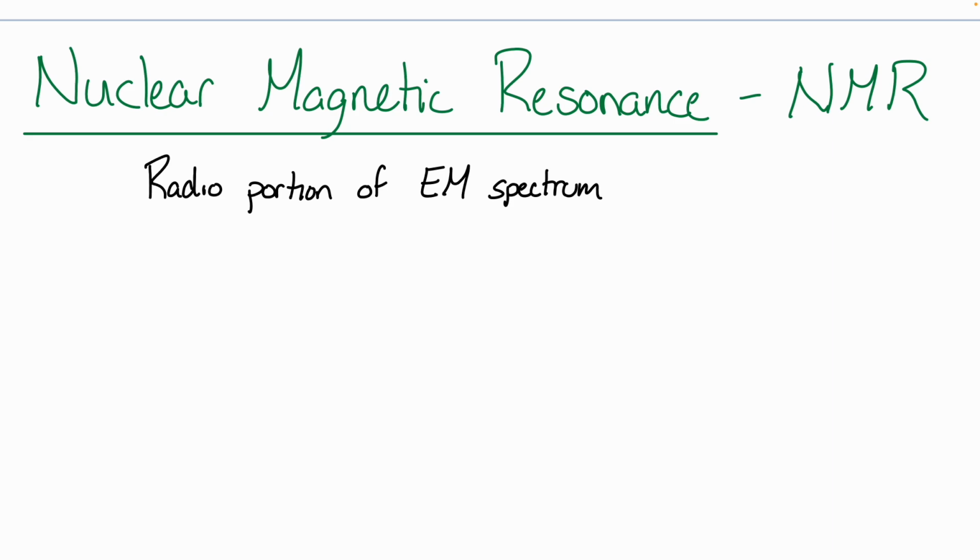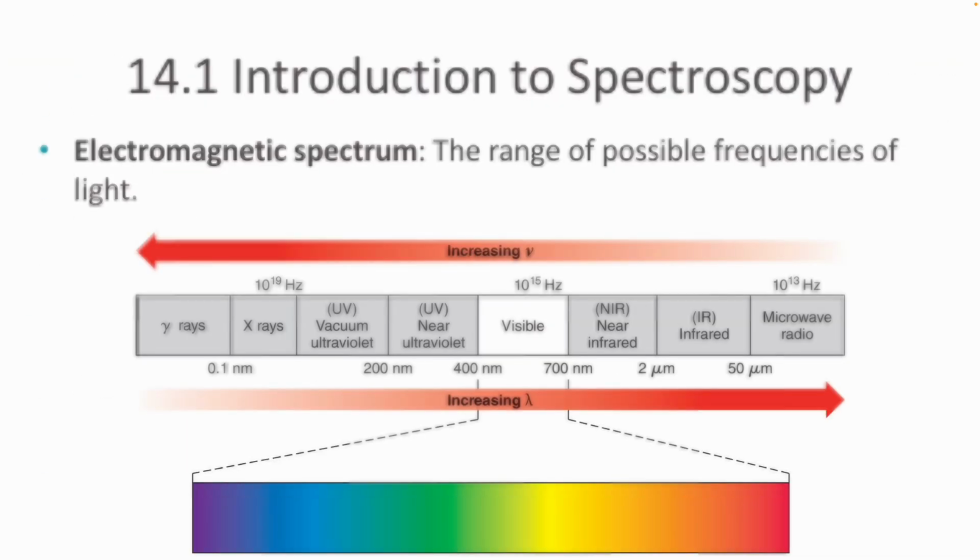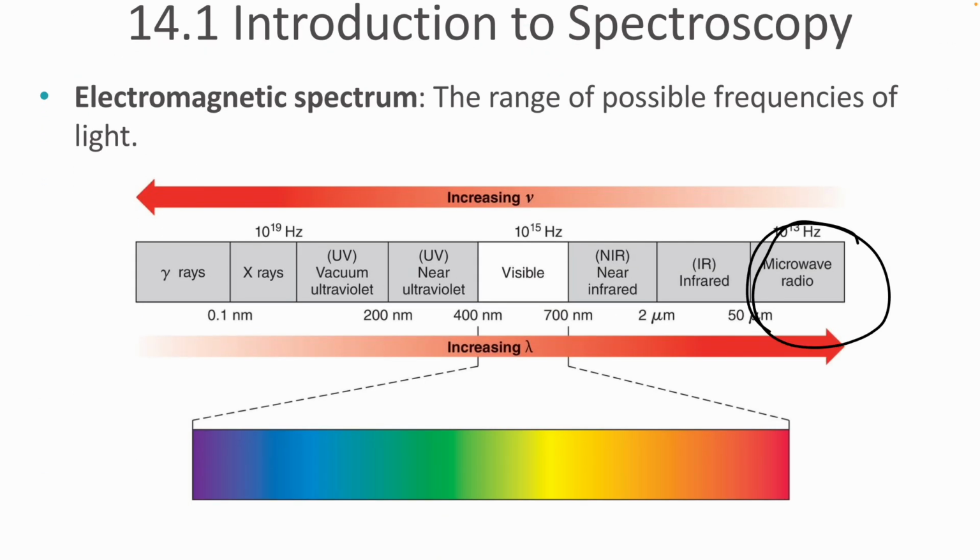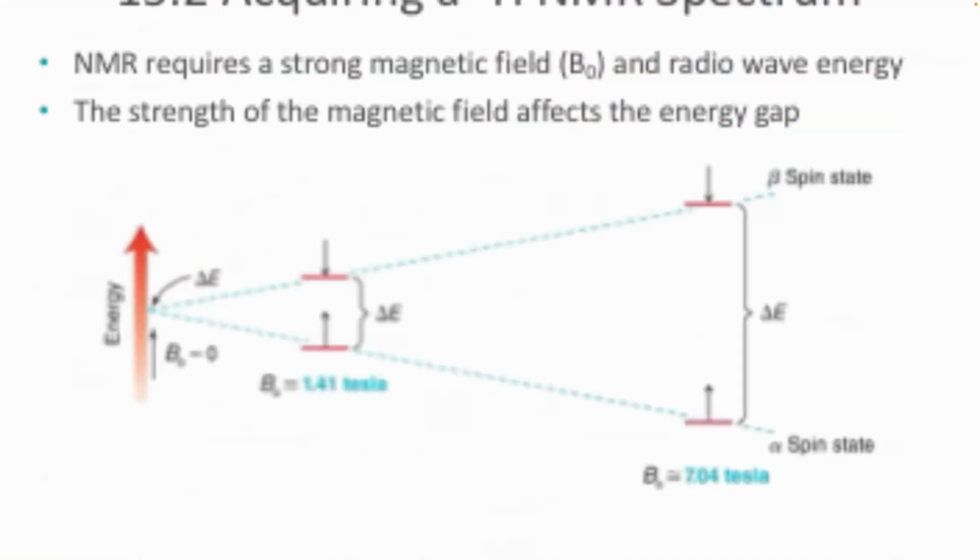The radio portion of our spectrum is sort of all the way at this end here. The longest wavelength and the lowest frequency photons. Very low energy photons. Okay?